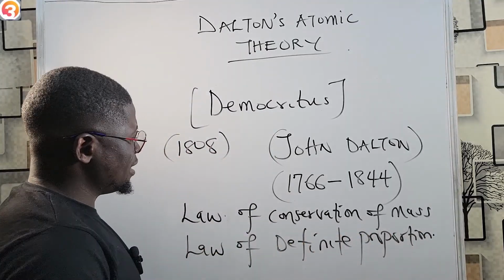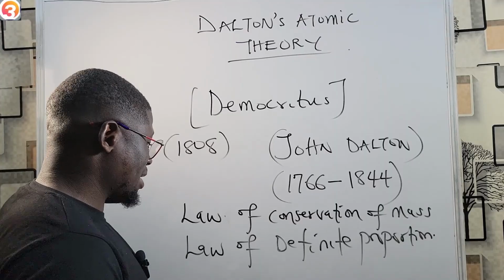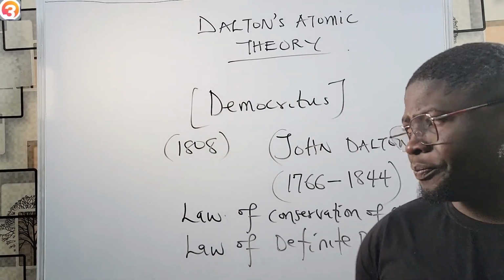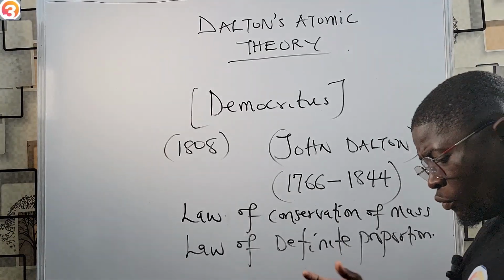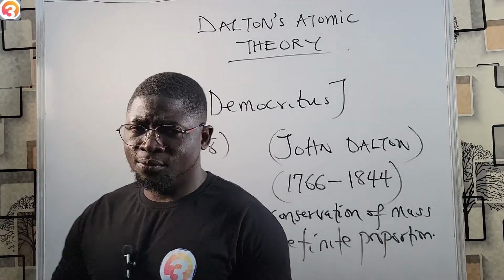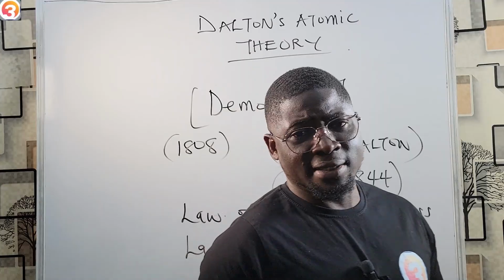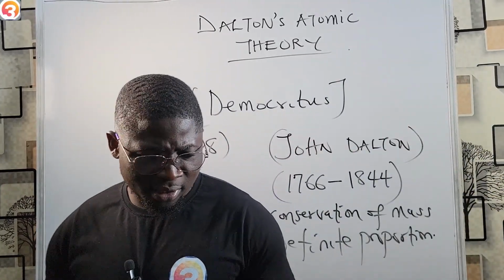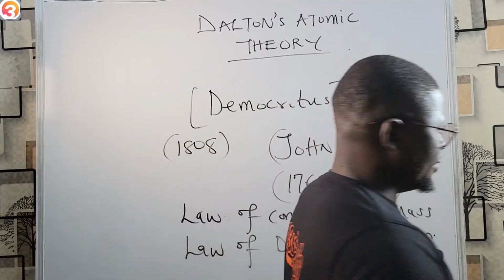He used his theory to explain the law of what? Conservation of mass and the law of definite proportion. All right. What did this law state? What did he postulate? And what were the drawbacks and the modifications? Let's get to it right away.